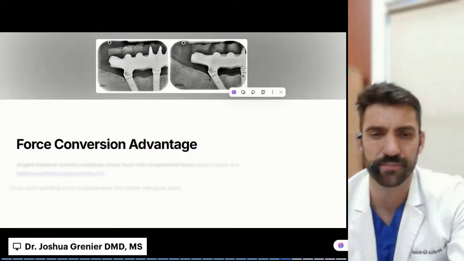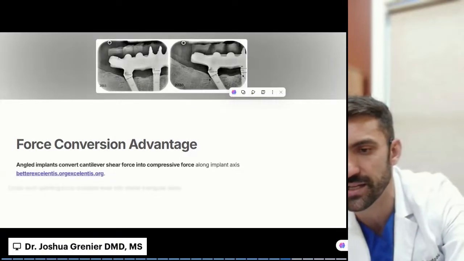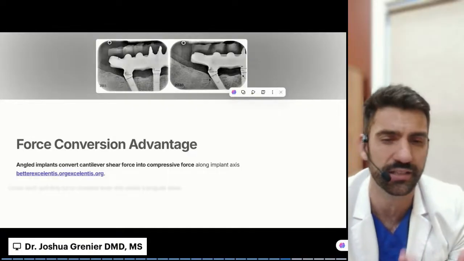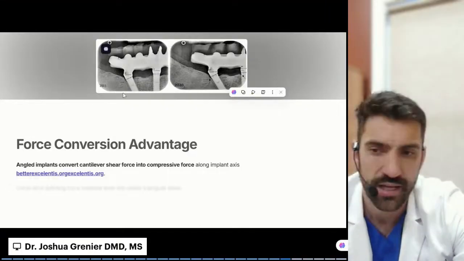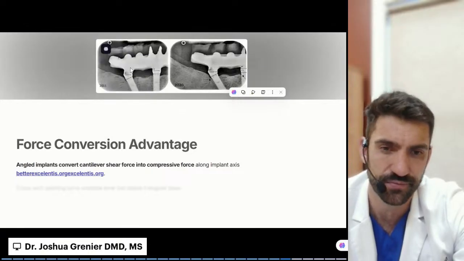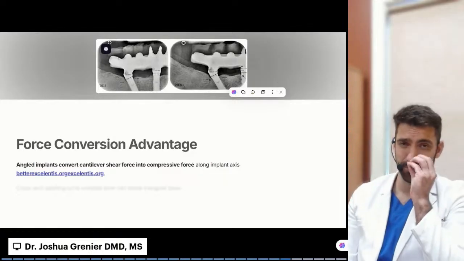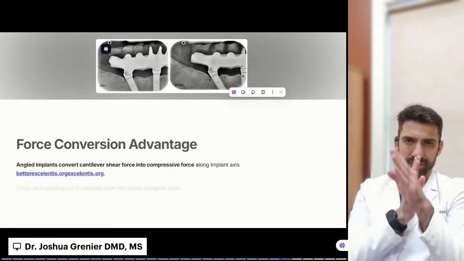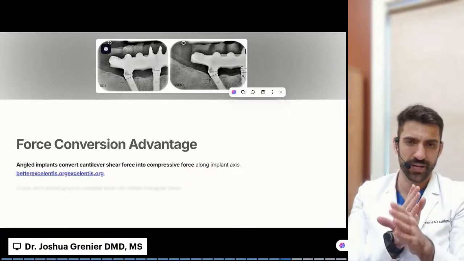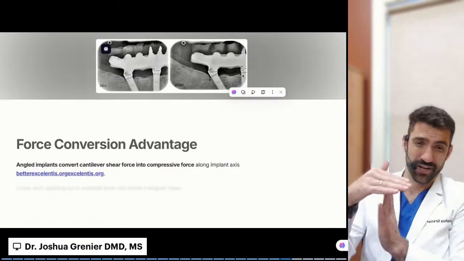Now, again, axial may be more simple, more ideal, but one of the reasons why these could work so well is by angling the implant through the distal surface of it, you're actually lining up the implant axially, so it's lined directly up with certain types of forces. Although axial loading, you would rather have it directly underneath.